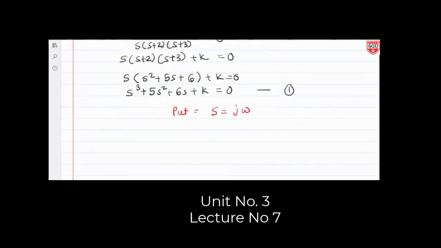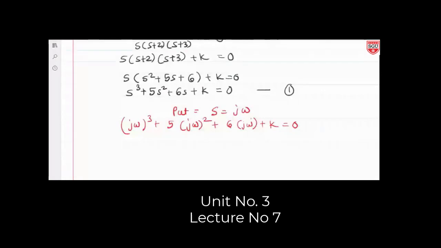So what will be there? (j omega) cube plus 5 (j omega) square plus 6 j omega plus k is equal to 0. Now you know what j square means.